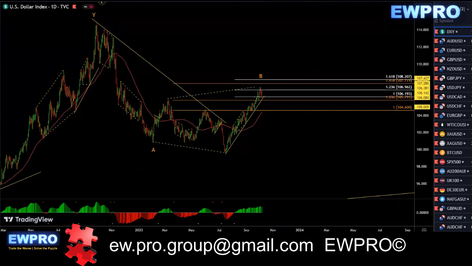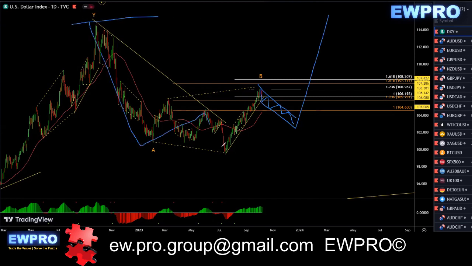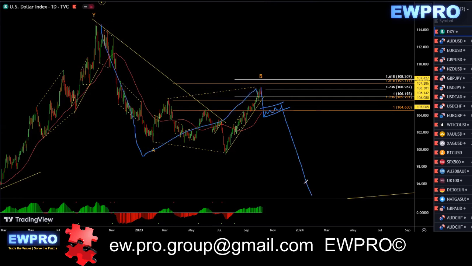Starting with the DXY now, there's two scenarios on the daily. We either get a correction in here to go up and break the top, and this is 1, 2, 3 here, and we go up and break the top, or we get a sell setup here and we get a larger C down for the A, B, C. So we're in a waiting game at the moment to see what we get here on the lower time frames.